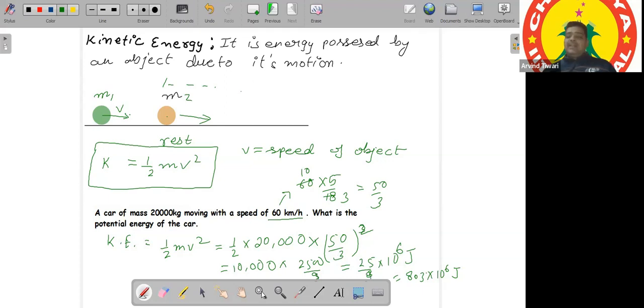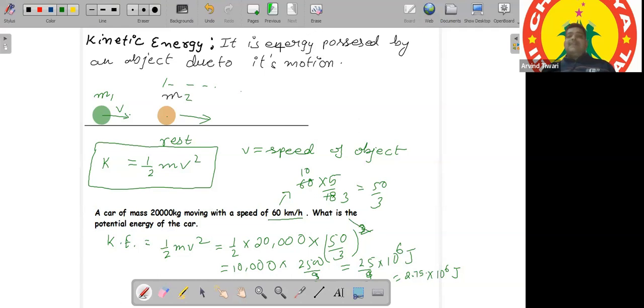I think it will be the same as Pranaya got. If you divide 25 by 9, you get 2.75 times 10 to the power 6 joule.